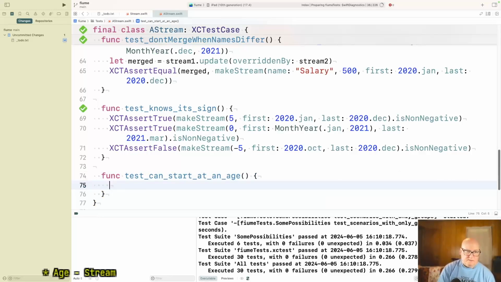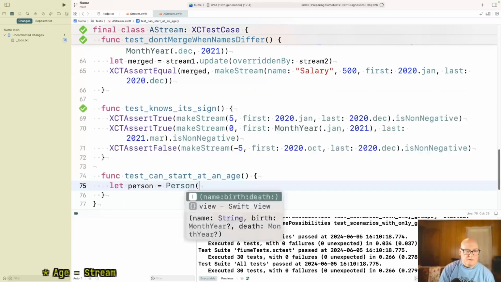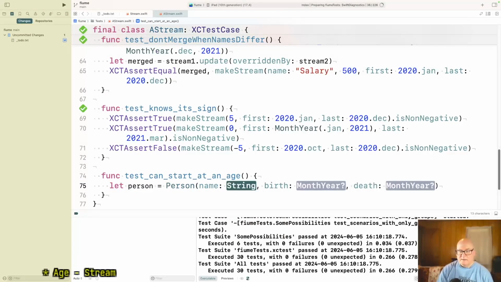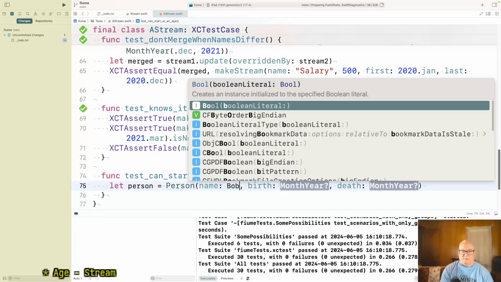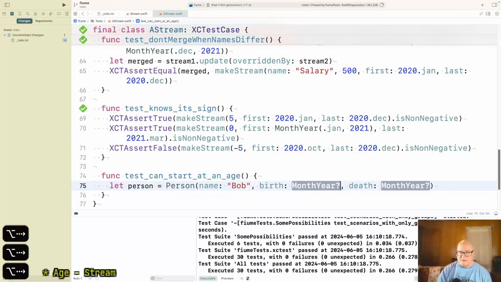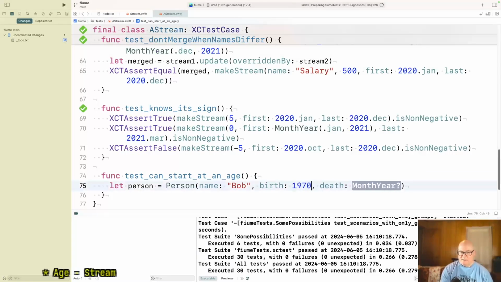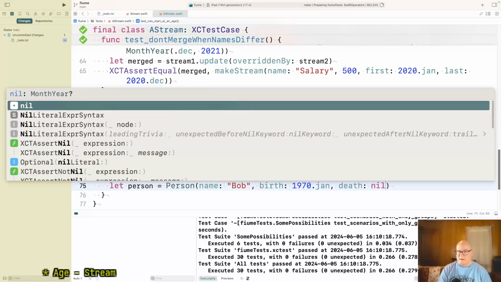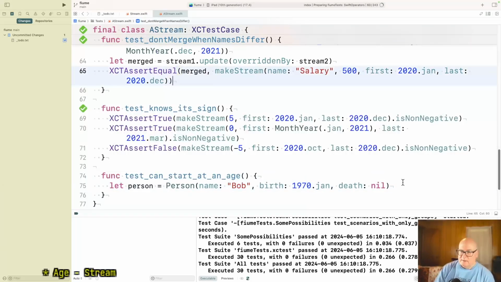Okay, so person Bob, just a short name. Okay, their birth is 1970 January, just like Unix, and their death date is not known. I'm not sure that's the right way to do things, but it's okay for now.